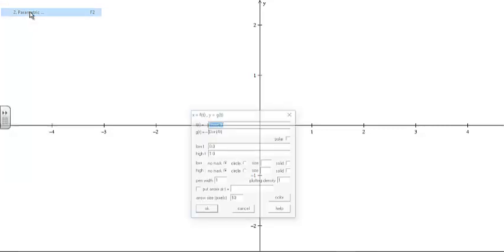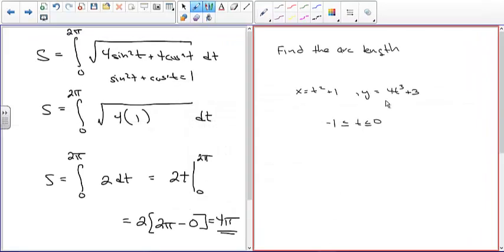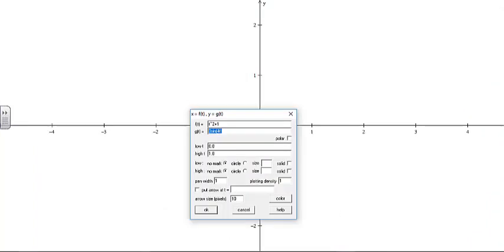It's a parametric equation, and x is t squared plus 1. Notice they use f of t and g of t in this graphing program, which goes along with what we're doing here. We've got y equals 4 times t cubed plus 3, and we're going between negative 1 and 0.